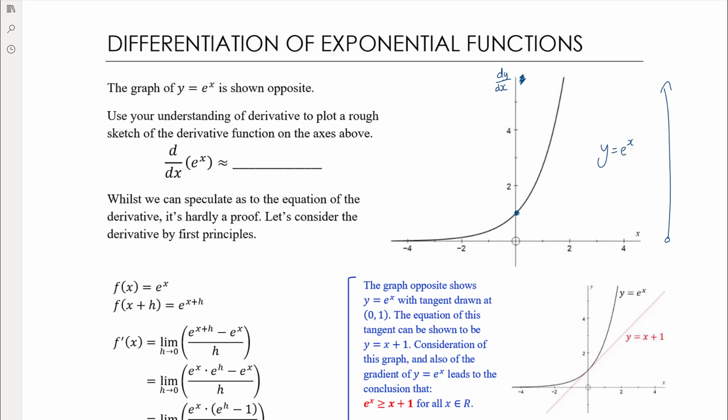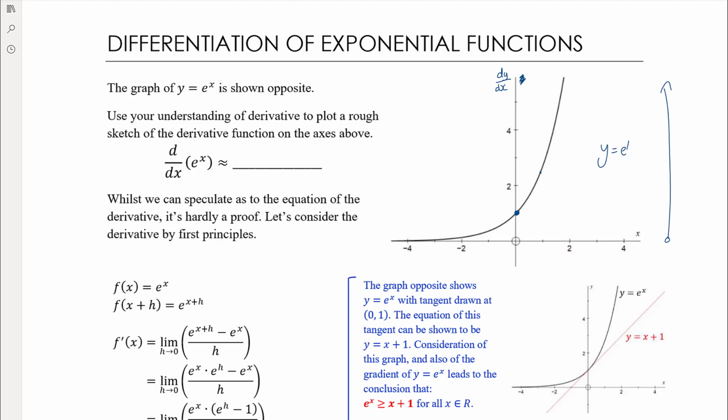So when x equals 0, the y value is 1, the gradient is also 1. So when we draw the gradient function, it's going to go through the same point. When x equals 1, the y value is e to the 1, and the gradient is also e to the 1. So it's going to go through that same point, etc.